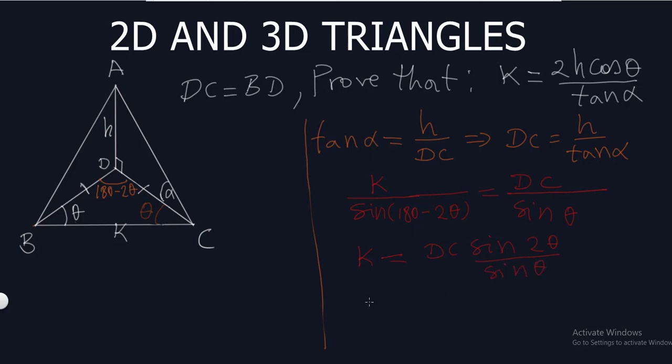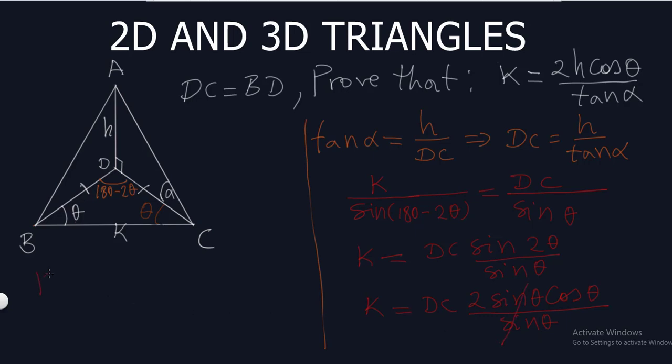Now remember, sine 2 theta will be 2 sine theta cos theta, all over sine theta. So we can cancel these two. Can you see?